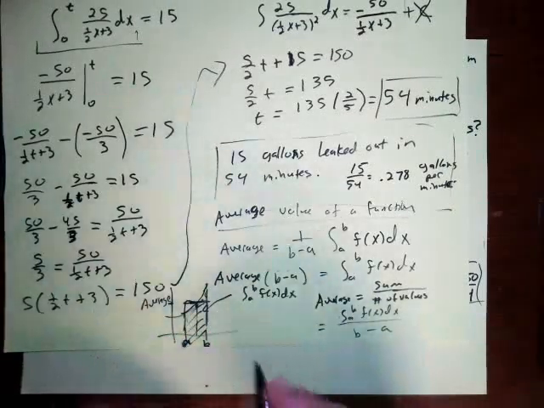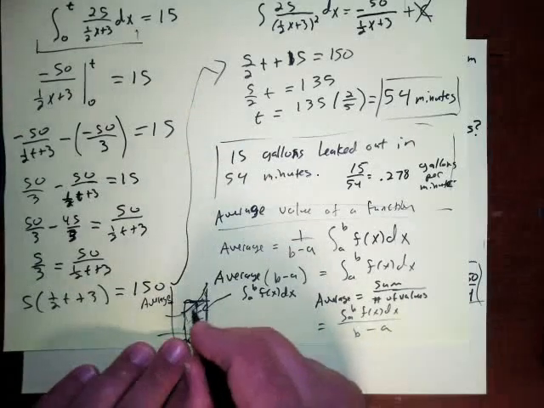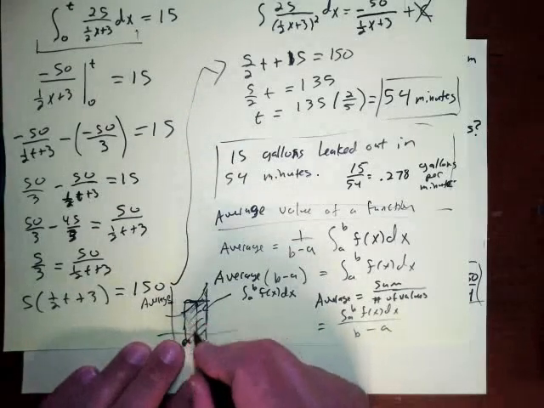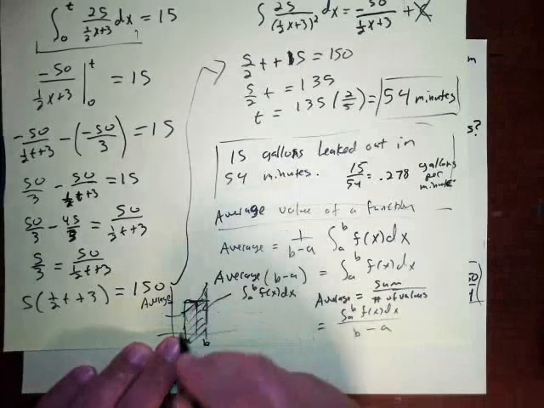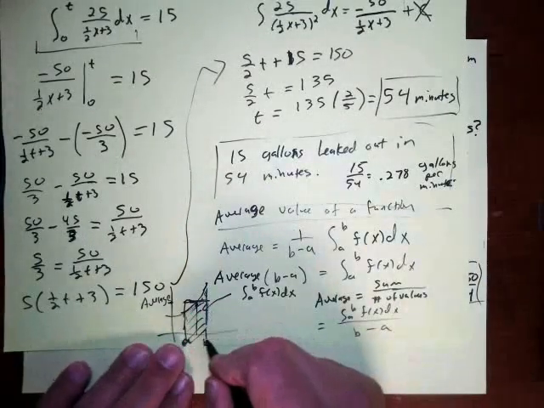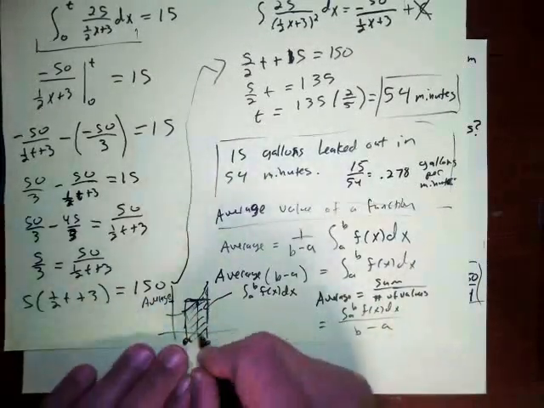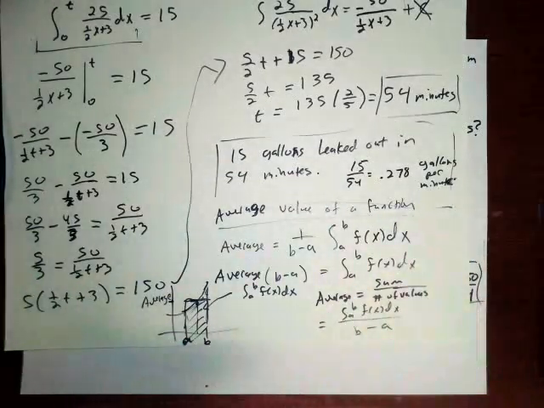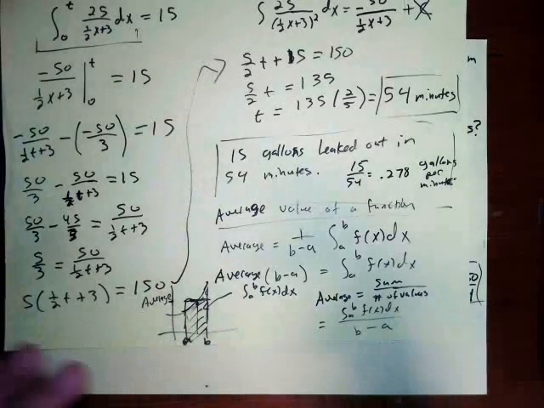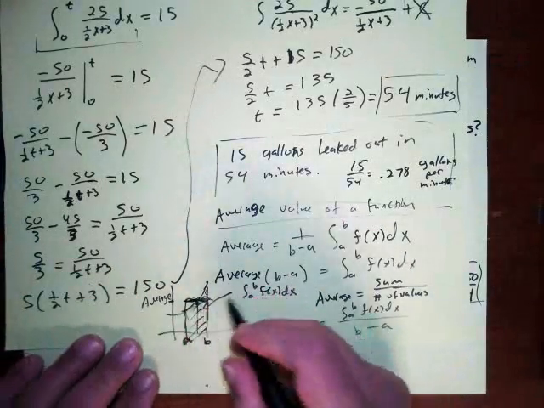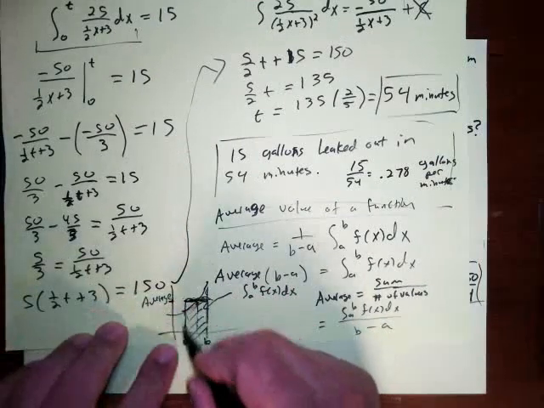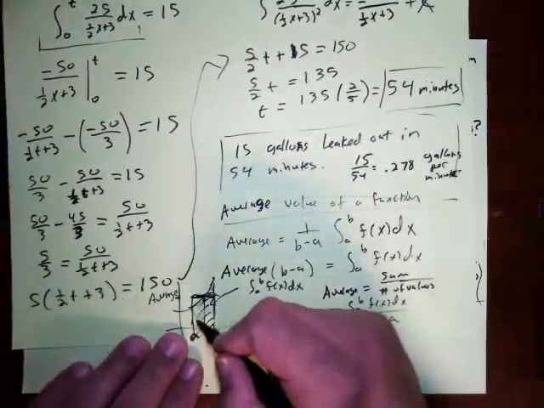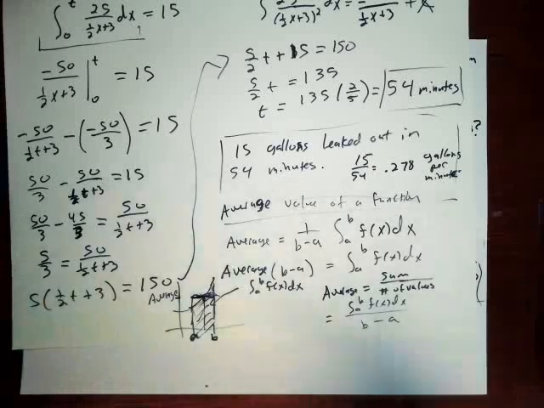That length of the interval is kind of like the number of f of x's that you observe. So you sum up all these values. There's an infinite number of them, right? And then you divide by the length of the interval, which is like the number of them, and you get the average value of the function, which if you use that for a rectangle, it would give you the same sum as the area here. Okay?